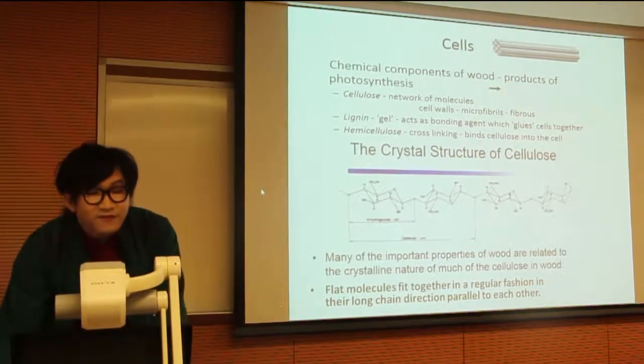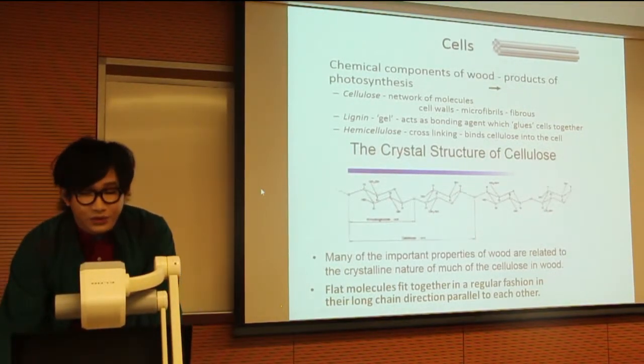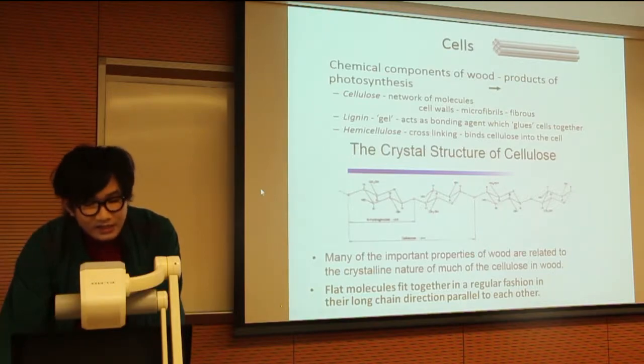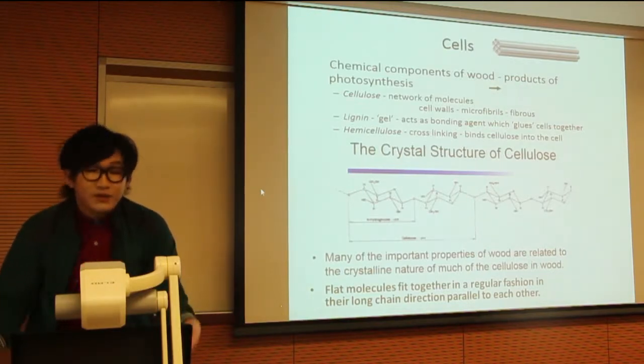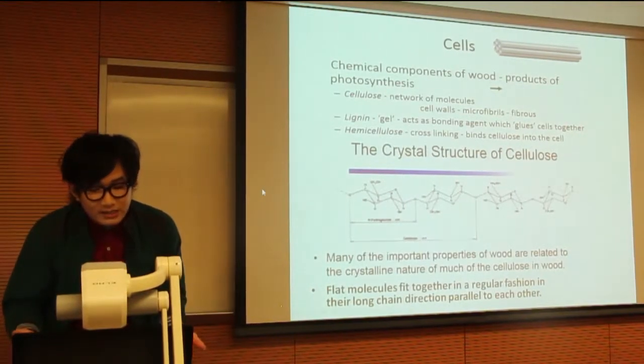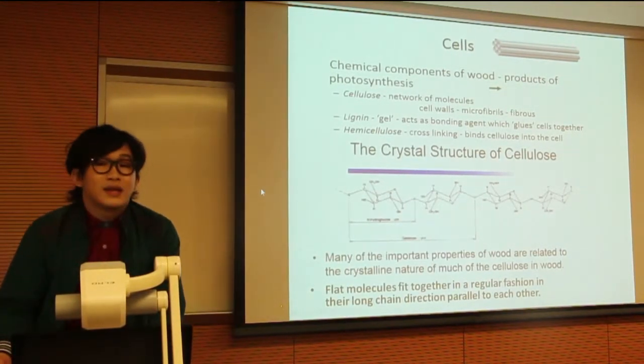Notice that the flat molecules fit together in a regular fashion in their long chain direction parallel to each other. This is typical of other man-made polymers such as the polyethylenes or polypropylenes.